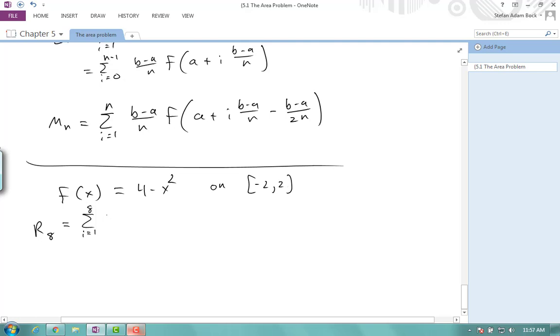So my interval here is b minus a, 2 minus negative 2, all over n. I want 8 rectangles, times f of a, that's negative 2, plus I times my b minus a over n again.